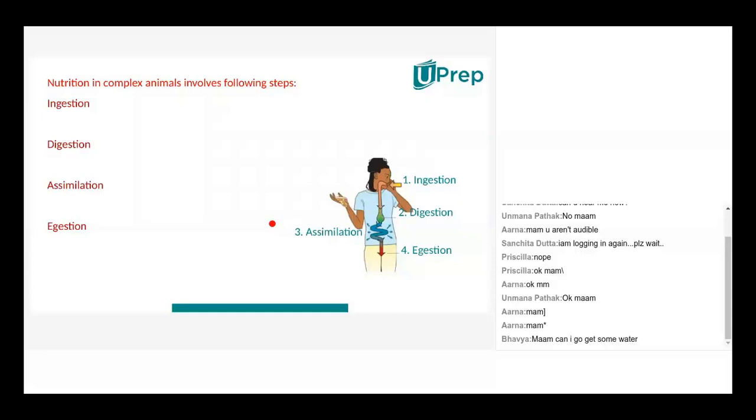So in the stomach, the stomach contains hydrochloric acid, and it kills all the germs, and there are also a few enzymes which convert some starch into, I think, maltose.